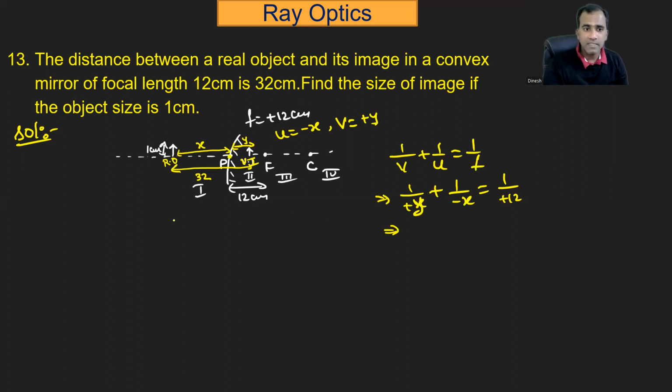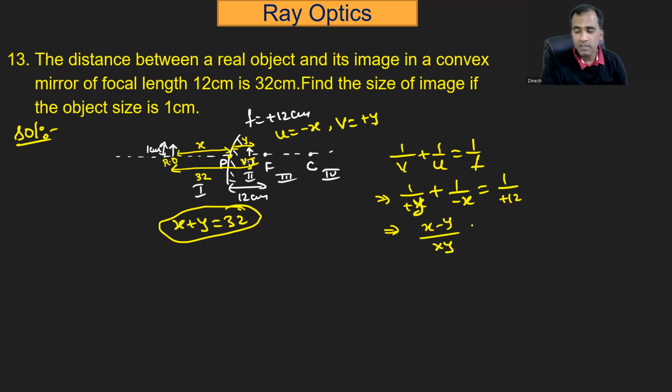So what is the relation between x and y? x plus y, this length plus this length, is given as 32. That is the given data. Now taking the minus to the numerator, can I write it as x minus y divided by xy is equal to 1 by 12.